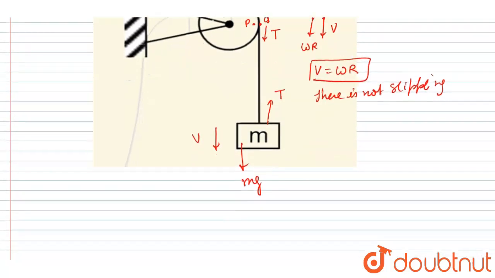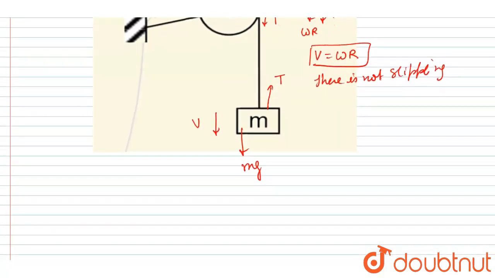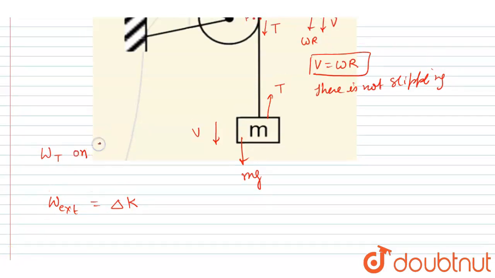Now let's apply work energy theorem on the system. So we will write work done by external force is equal to change in kinetic energy. The work done by tension force on the system is 0, right?